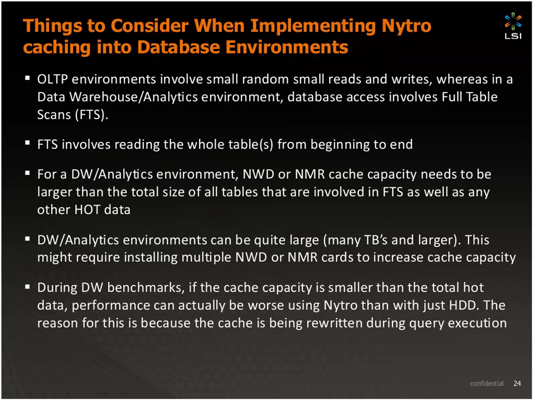What we've seen is in a data warehouse environment, if the cache capacity is smaller than the total hot data, all the full table scan tables and any other hot data, performance can actually be worse than using just hard disks. The reason for this is the cache is being overwritten while the query is executing.